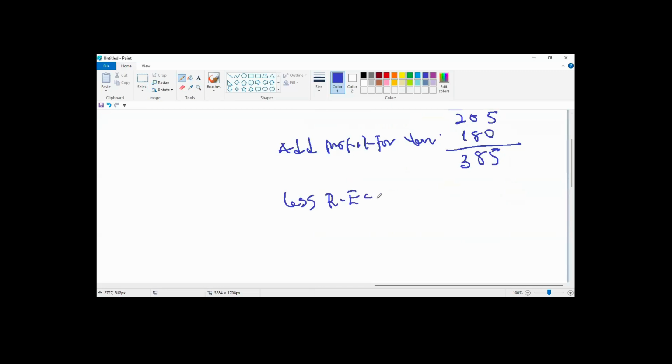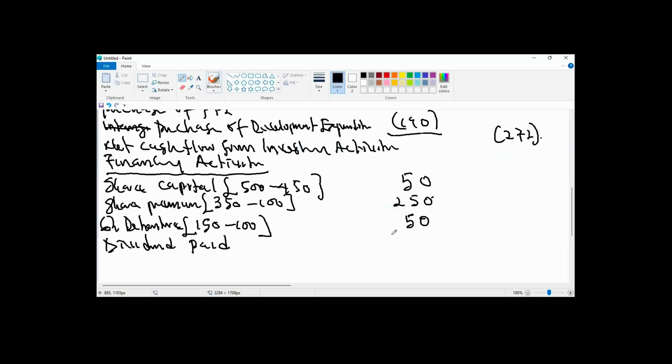It comes to 229. That's all. 156. Dividend paid.